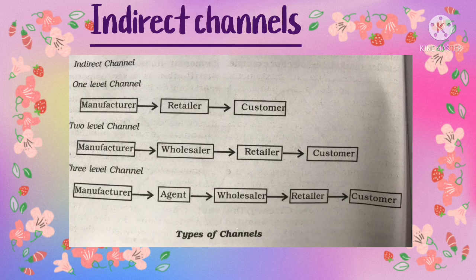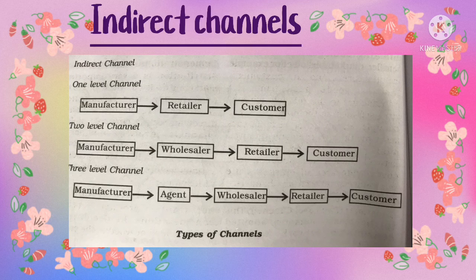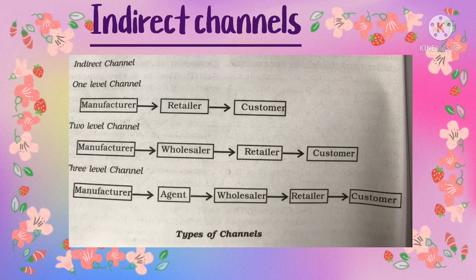The manufacturer sells the goods in bulk to the wholesalers, who sell in a smaller quantity or smaller lot to the retailers, who supply it to the ultimate customers. Generally convenience goods such as soap, salt, etc. are sold through this path.